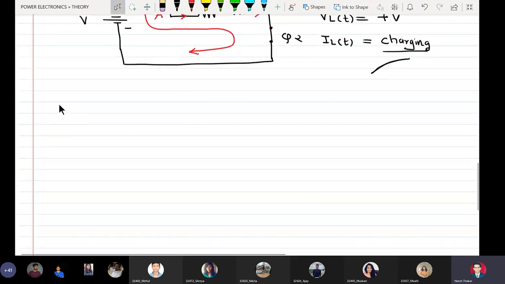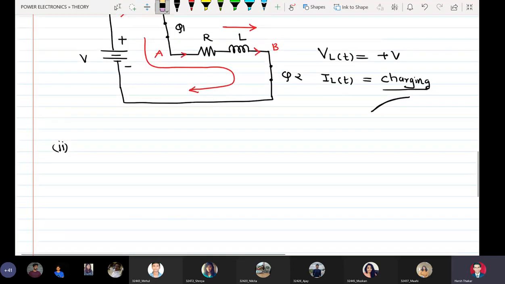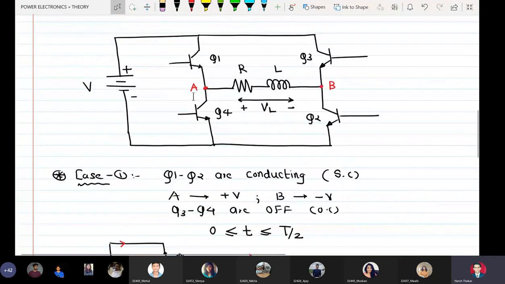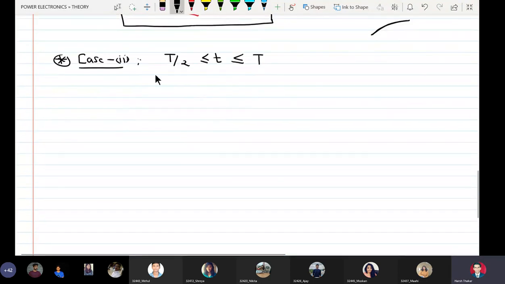Now case number 2. Case number 2 is the interval T by 2 less than t less than or equal to T. So what will happen, students, at t equal to T by 2, Q1 and Q2 will become off.